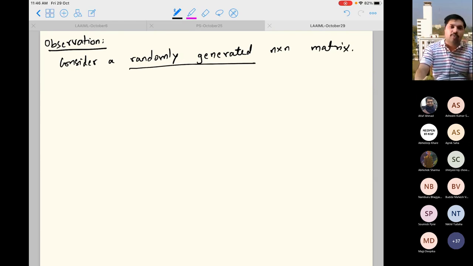So all the n square entries should be generated randomly for this particular matrix. Will this matrix be invertible? If all the entries are randomly generated, will the matrix be invertible?